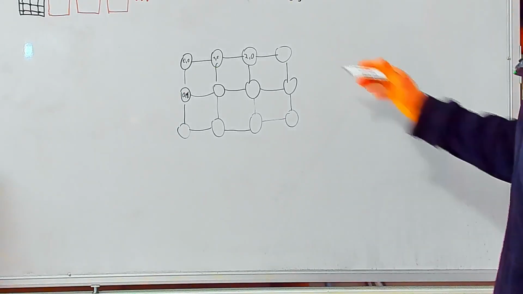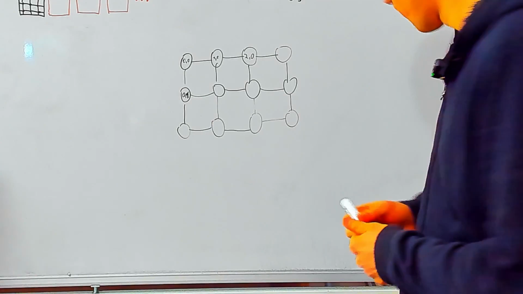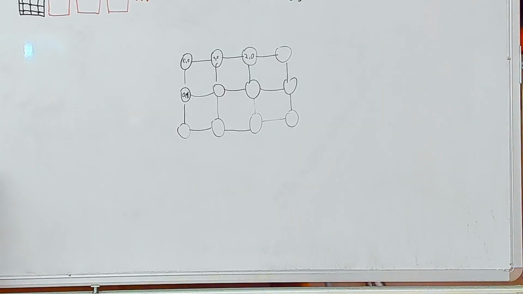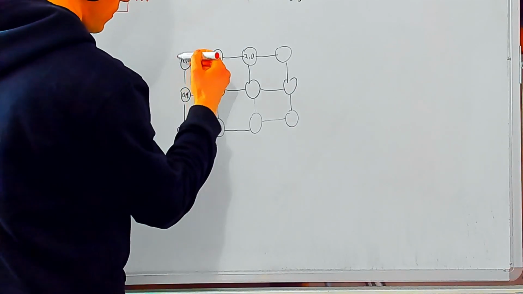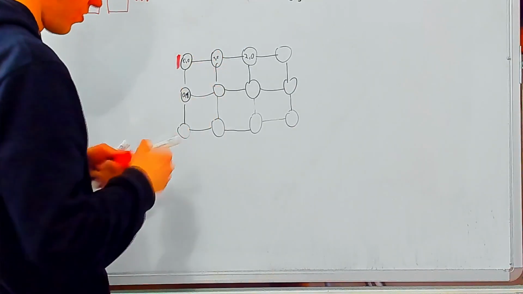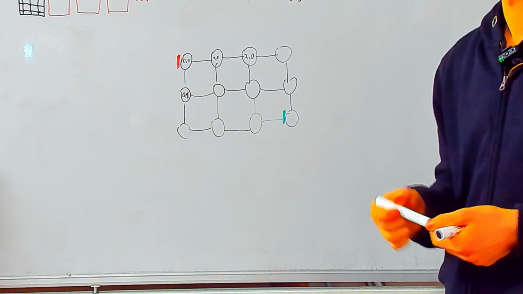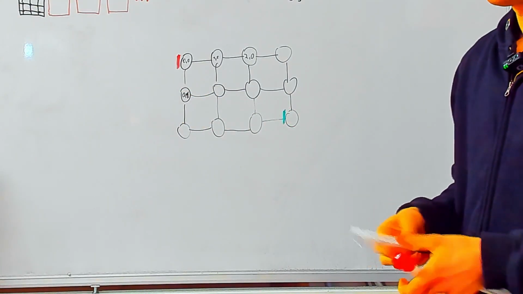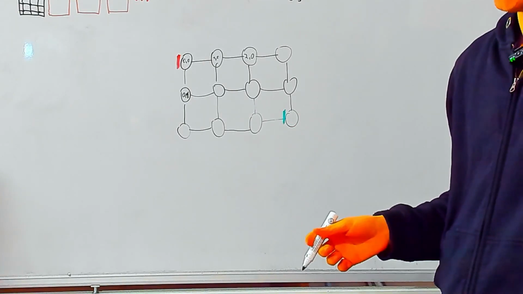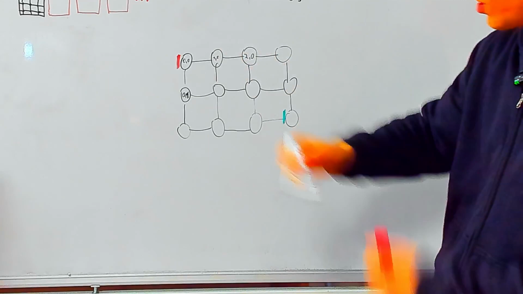And then what we can do is, for example, imagine we want to figure out how can we go from this node here to this node here. What are possible paths to there? Usually in a graph, we can just do depth first search.